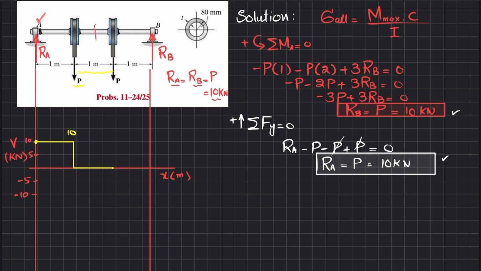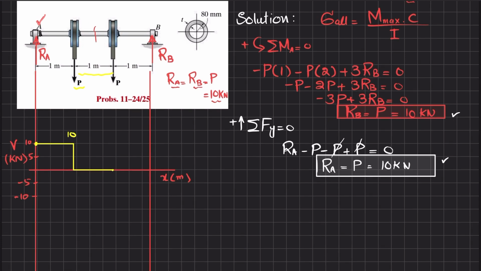At this point you have minus P, which is minus 10, so the shear force will change to minus 10. Again till the end there is no other force, so it will remain the same. And at this end you have Rb, which is equal to 10 kilonewton, so it will bring it to 0. So this is your shear force diagram.